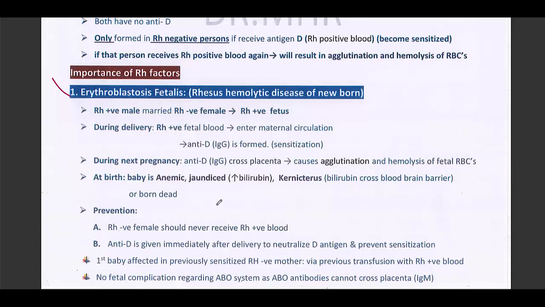So the mother has anti-D, anti-Rh positive, and the baby has Rh positive blood. So it makes agglutination and hemolysis of fetal RBCs. That will be translated after birth into the baby having anemia and obstructive jaundice because of increased bilirubin.